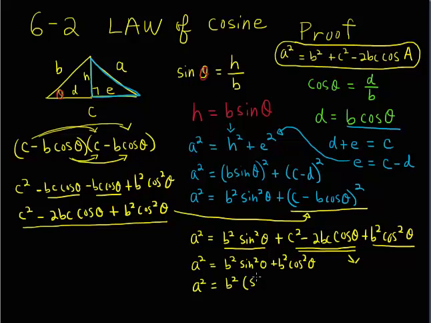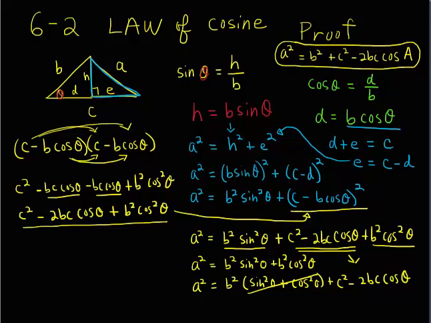When we factor it out, we get cosine square theta plus sine square theta, and then we're going to get all of that again here, minus 2bc cosine theta. Okay, so now this right here cancels out because this is what? That's 1, right? It's 1.